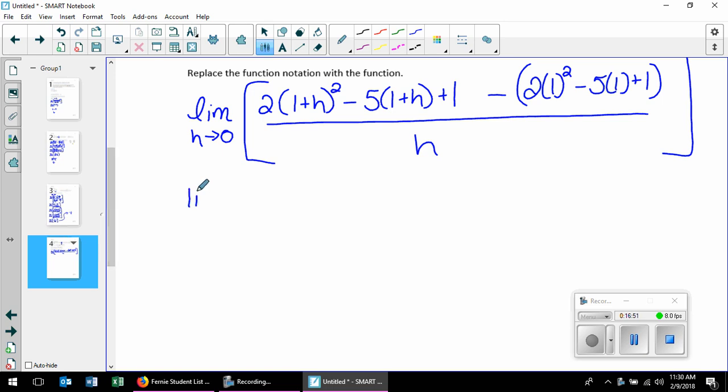All right, so the limit as h approaches 0. We're going to do all the steps because that's super fun. If I expand this, and by expand I mean 1 plus h times 1 plus h, and I bet you can all do it in your head.